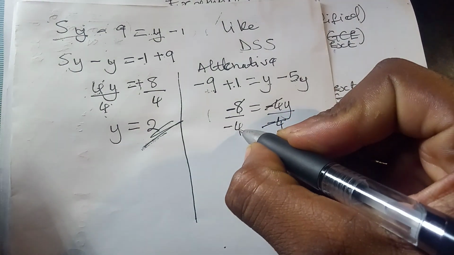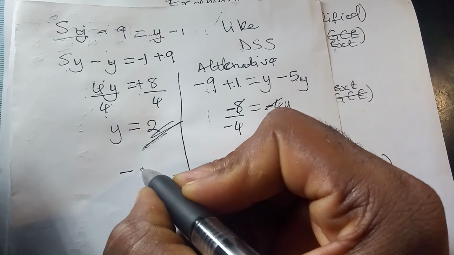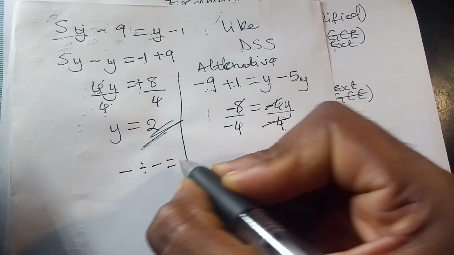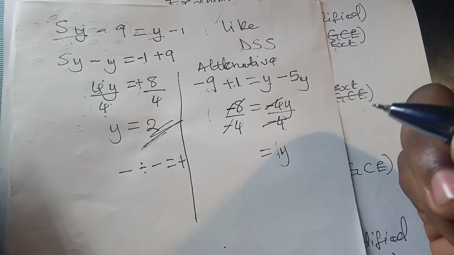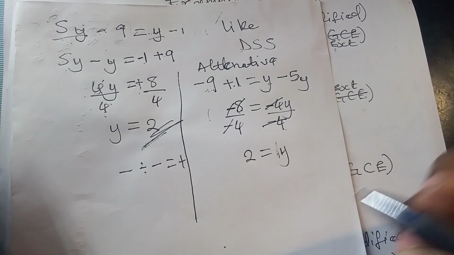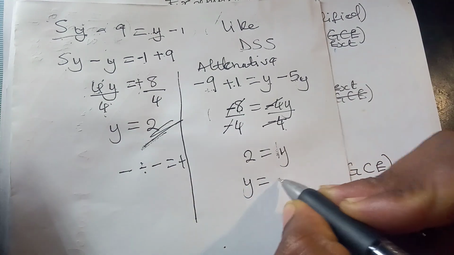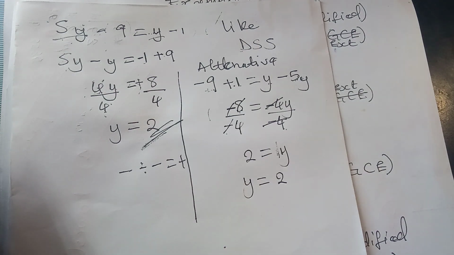And then negative 4 into negative 8. Remember that negative divided by negative is positive. So it's like this and this will cancel out. And then 4 into 8, this will be a 2. So your answer will still be correct, except that you'll be dealing with a lot of negative numbers.